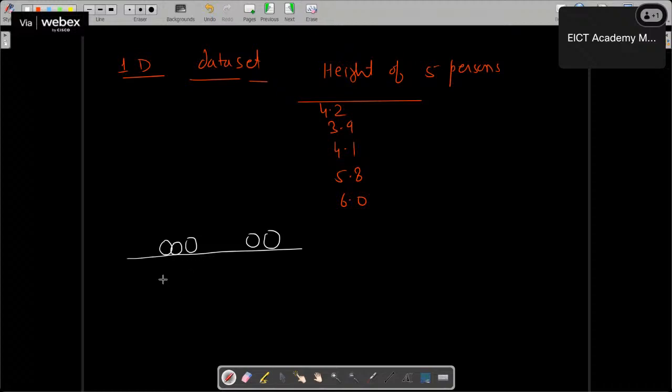Okay. So this is the data set of the children's heights.